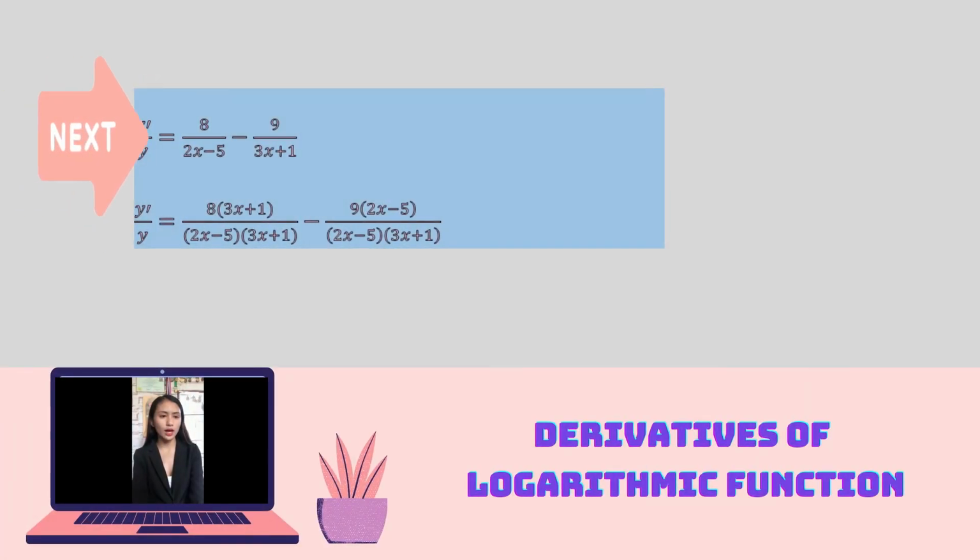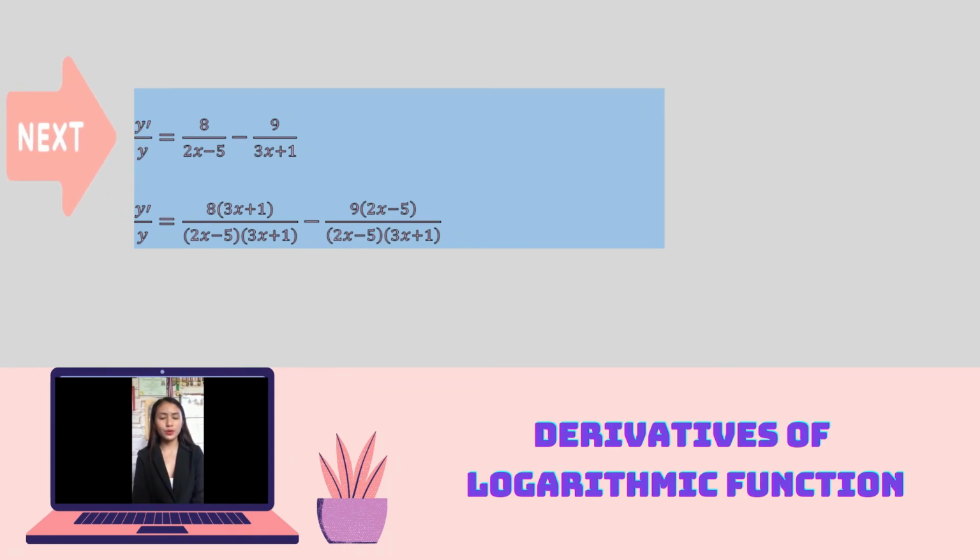Then we have y prime over y equals 4 times 2 is 8 over, copy the denominator, 2x minus 5, minus 3 times 3 is 9 over, copy the denominator, 3x plus 1.